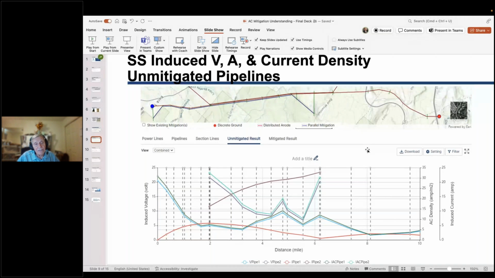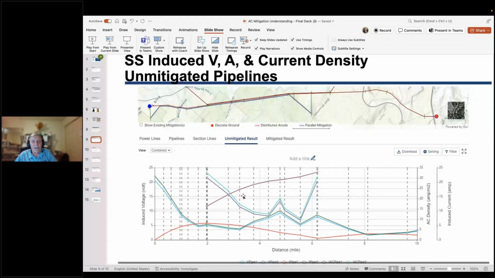And then the green line is the current density, and you can see it's well over 30 amps over here on both pipes. This is pipe one, and this is pipe two. This is the pipe that comes in the right of way and leaves the right of way. Okay. The red line, this line here, is your induced current, and the other one up above is your induced current for line two.